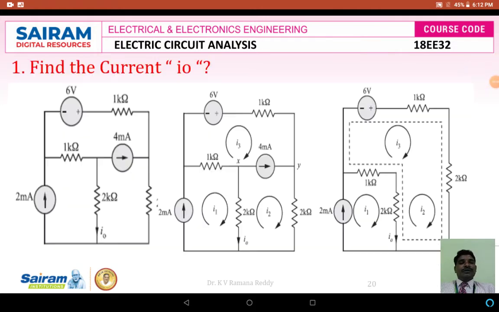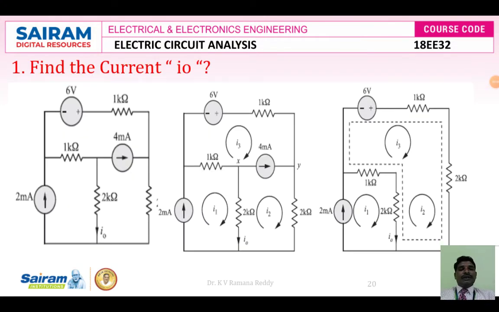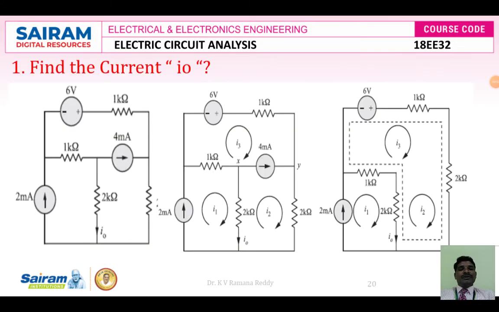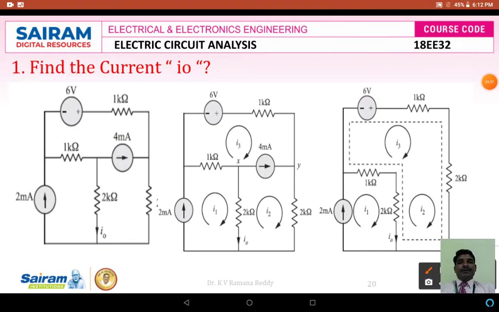Now by simplifying this current equation, we can get the three unknown currents by simplifying either by the direct inspection method or through Cramer's rule. Let us go through the problem. Number 1. In this problem, for the circuit shown in the figure, find I0.